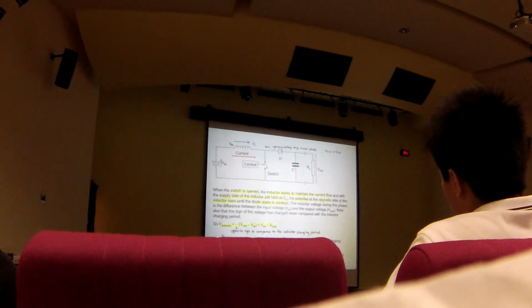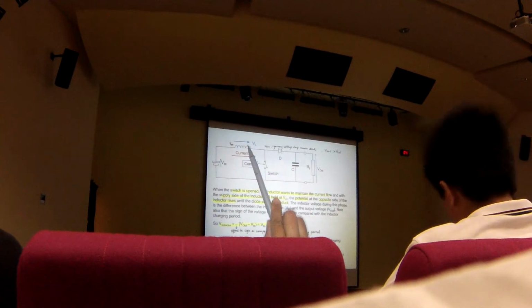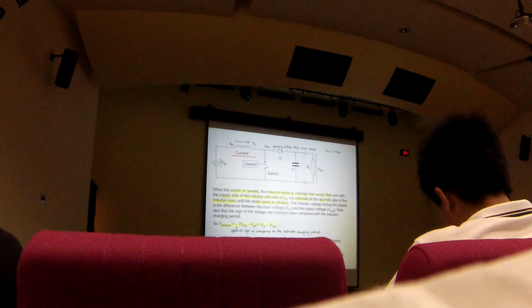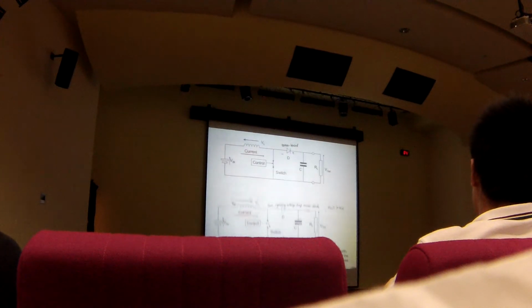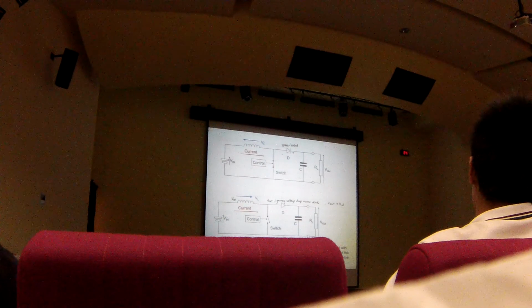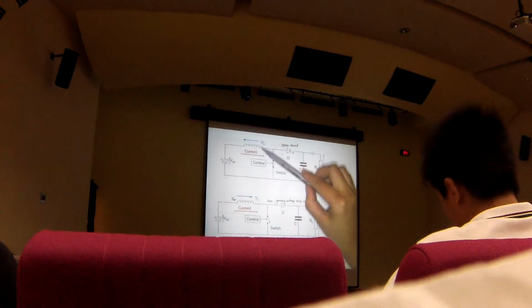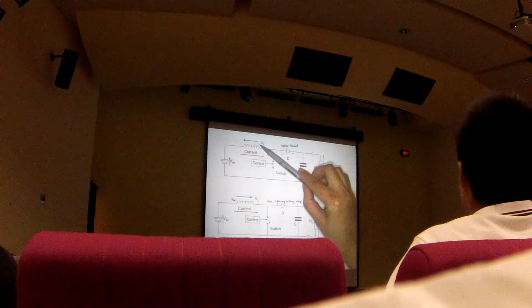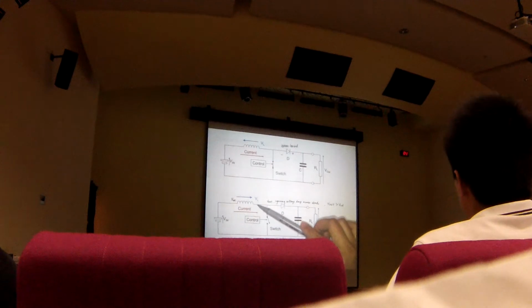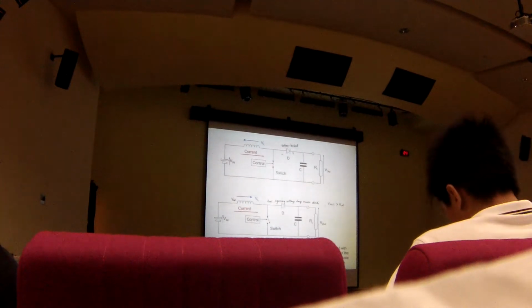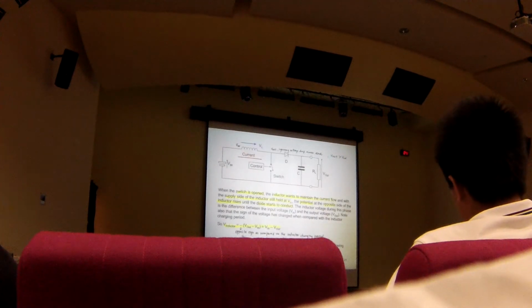Alright, so you get V inductor is equal to negative (V-out minus V-in). Why? Because it's now in the opposite direction as compared to the previous case. Okay, previously you have your voltage of inductor in this direction. Now it has changed. Alright, so that's why you have a negative sign.